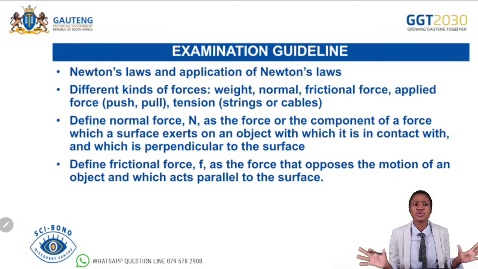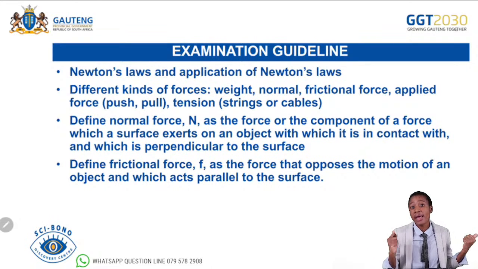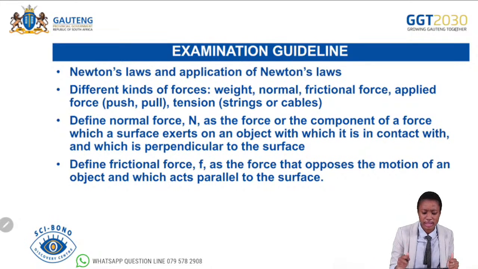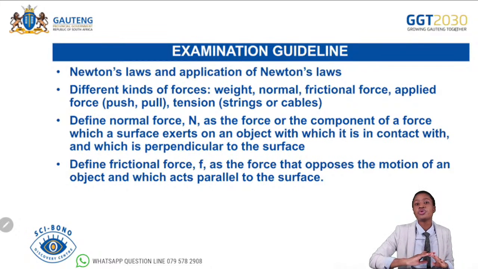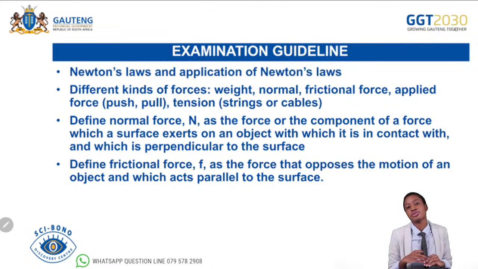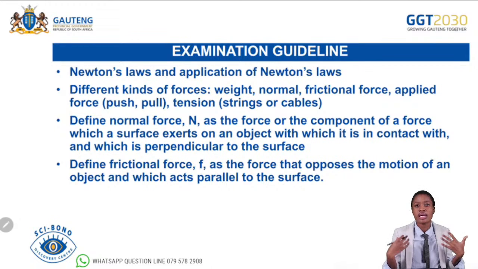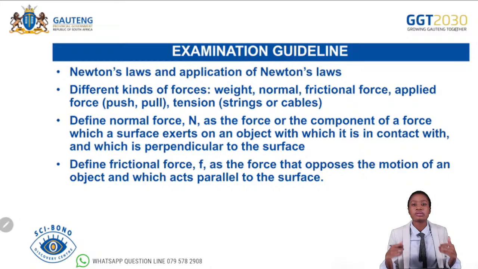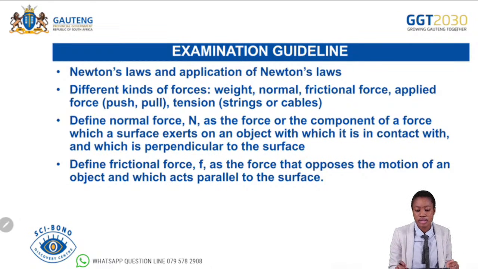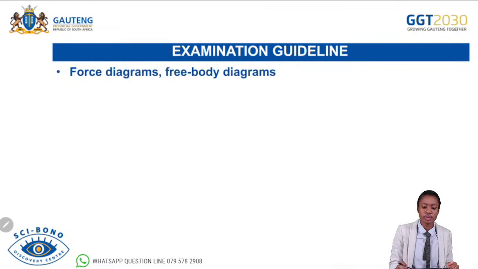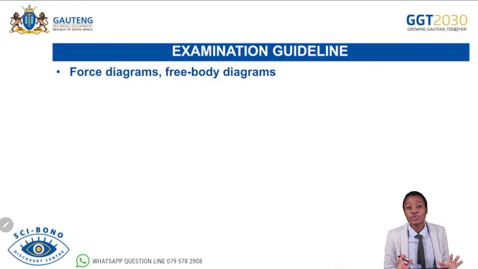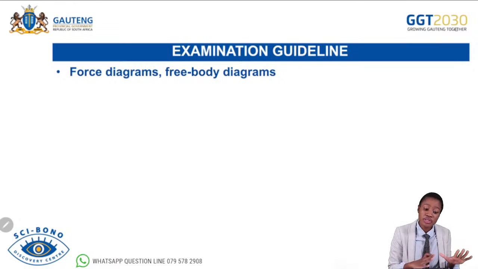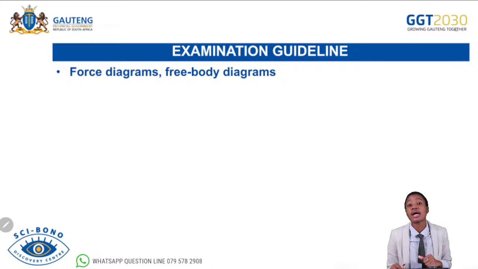Remember, when we're dealing with forces, forces are vectors, so the direction matters. If my motion is to the right, then the frictional force will be to the left. So in this case, if we're looking at the sign of the force, it will take on a negative sign. Right.